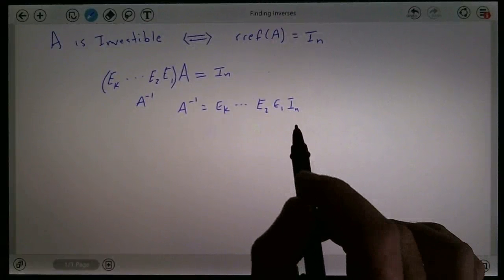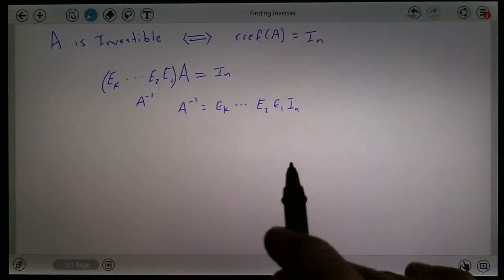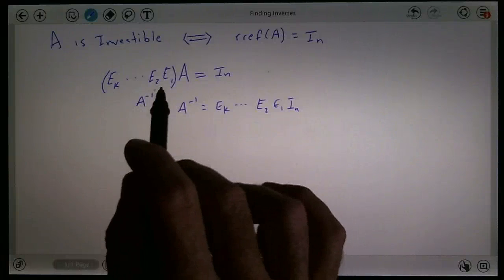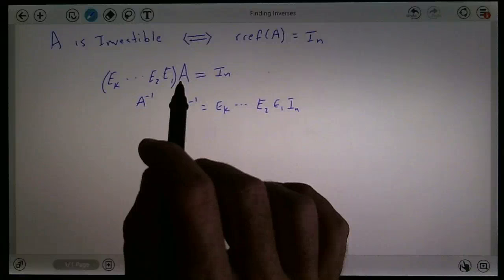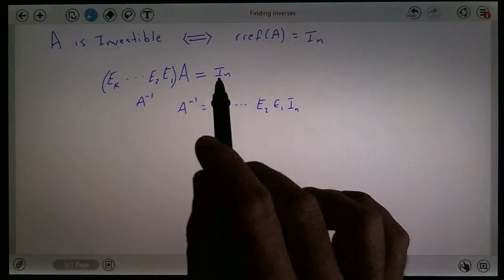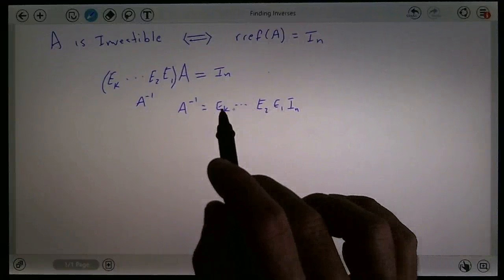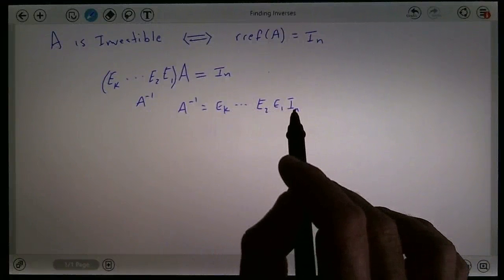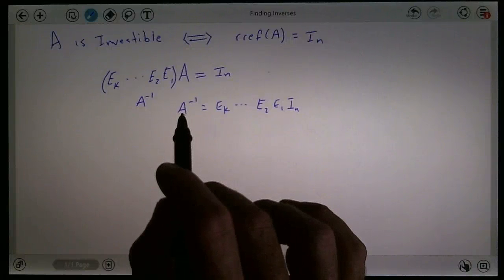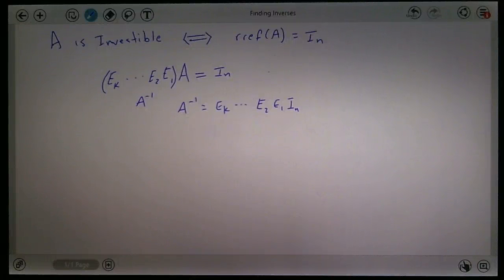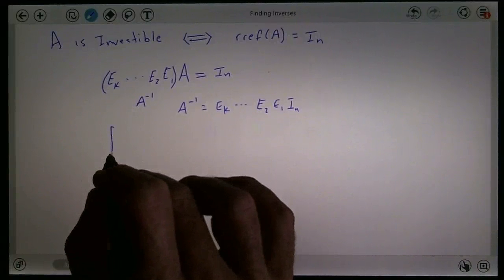But what it does do for me is it lets me see what these row operations do to a different matrix. If I do these row operations to A, I turn it into the identity matrix. But if I do the same row operations, E1, E2 up to EK, on the identity matrix, it turns it into A inverse, which leads to us doing something like this.